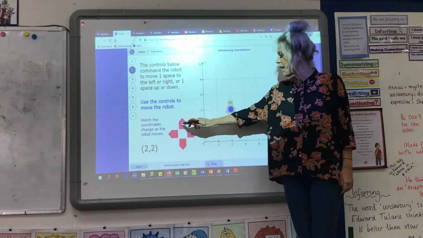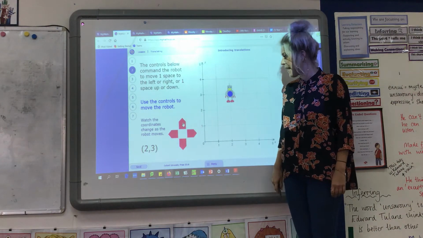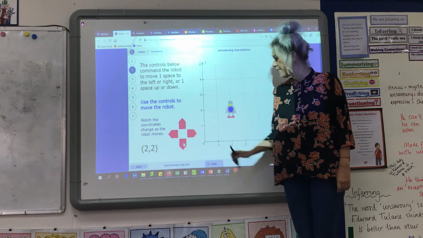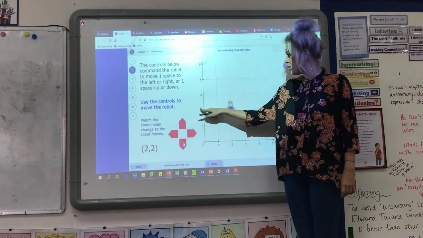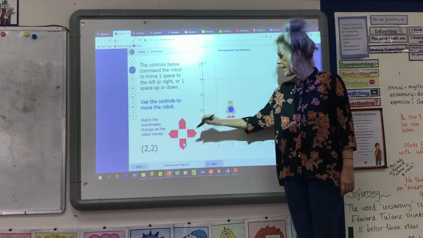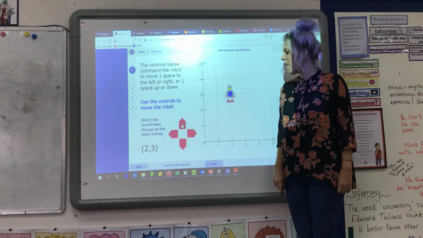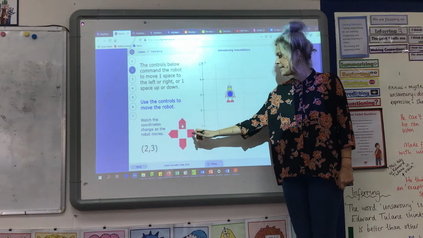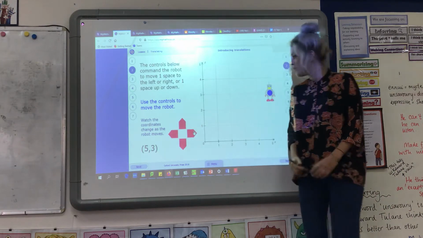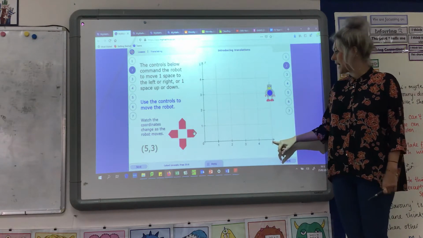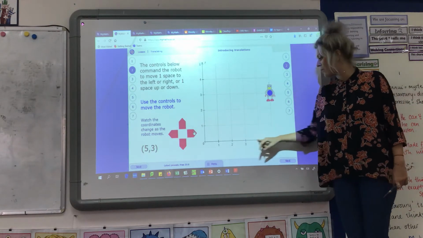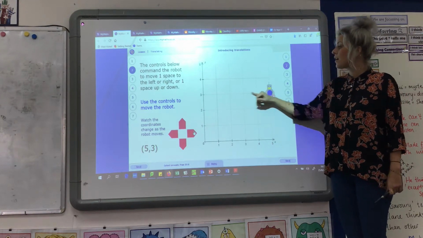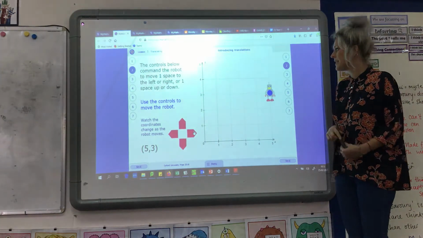So if I move the robot up 1 space, the coordinates have changed from 2, 2 to 2, 3. If I move the robot right 3 spaces, you can see that the x coordinate has now changed from a 2 to a 5, but the y coordinate has stayed the same. It is still a 3.